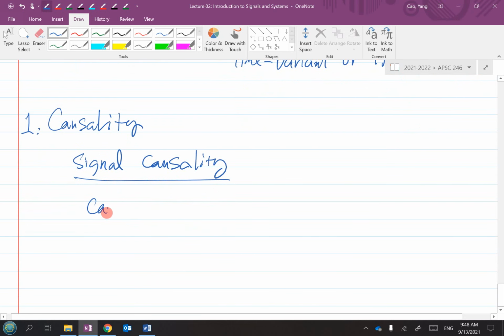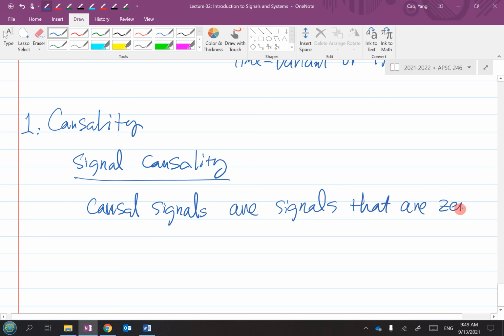Let's call it a causal signal. A signal can be non-causal or causal, very much like the classification of a system. Causal signals are the kind of signals that are 0 for all negative time.